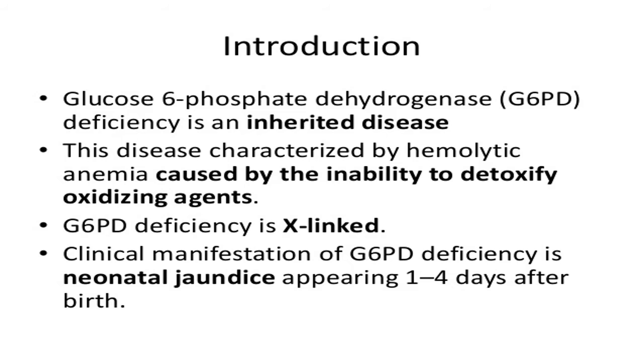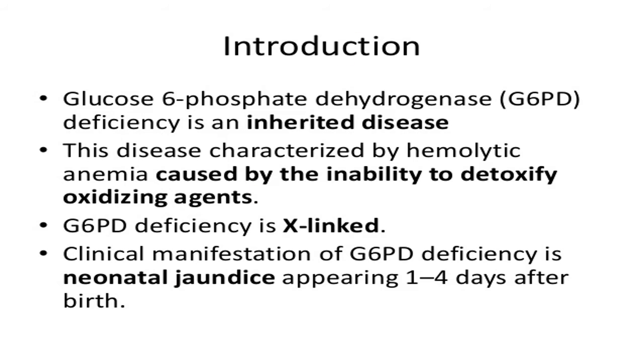Glucose 6-phosphate dehydrogenase deficiency, that is G6PD deficiency. It is an inherited disease. This disease is characterized by hemolytic anemia caused by inability to detoxify oxidizing agents. G6PD deficiency is an X-linked deficiency.